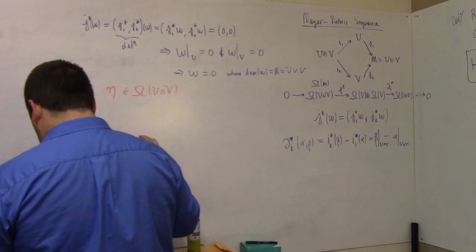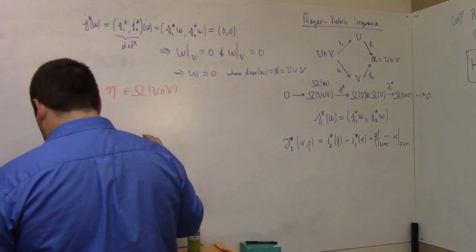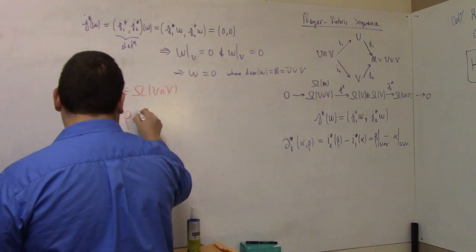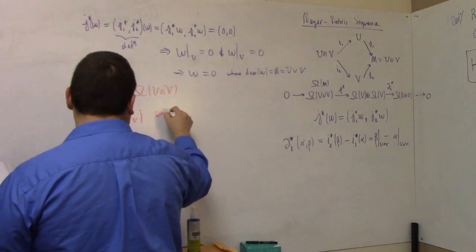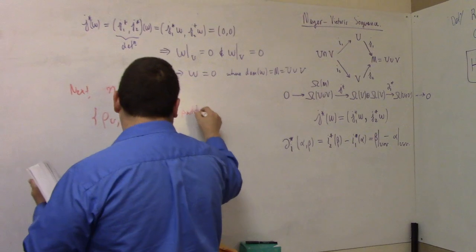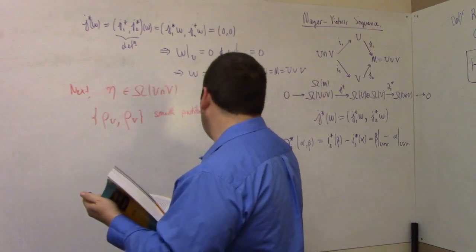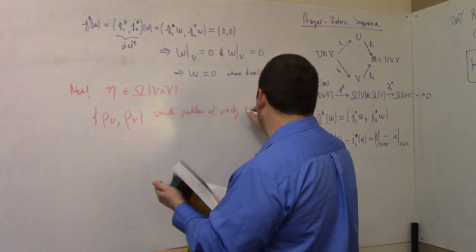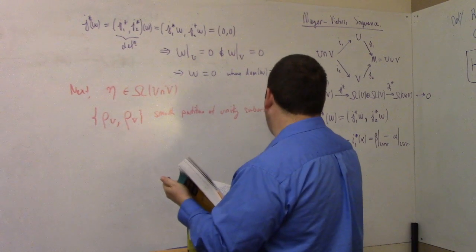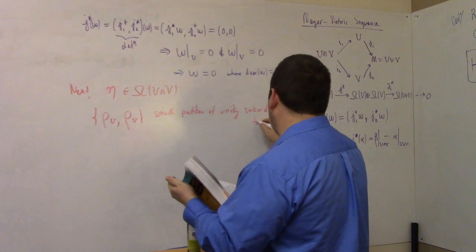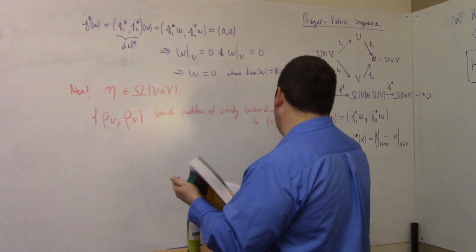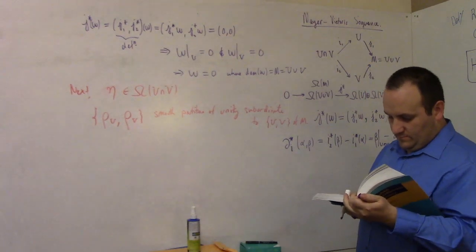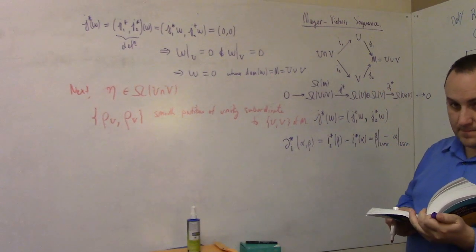And he says, take a smooth partition of unity, rho U, rho V, subordinate to the cover U, V of M. So what does that mean?